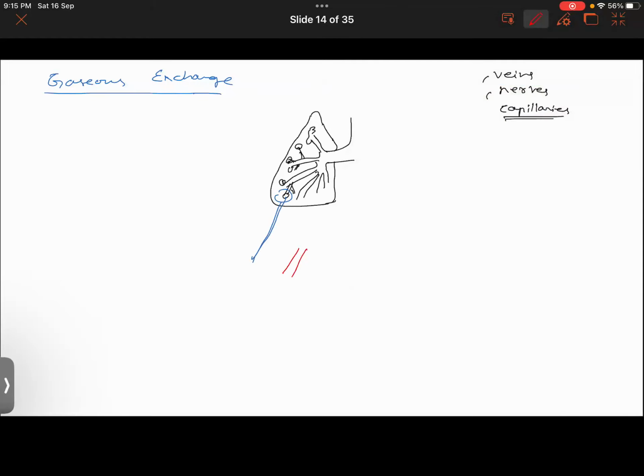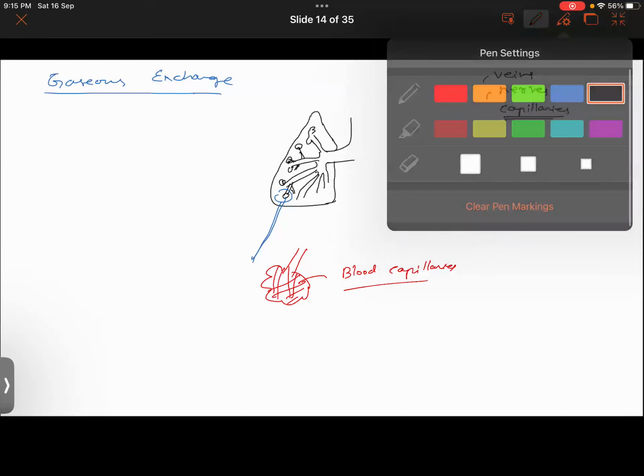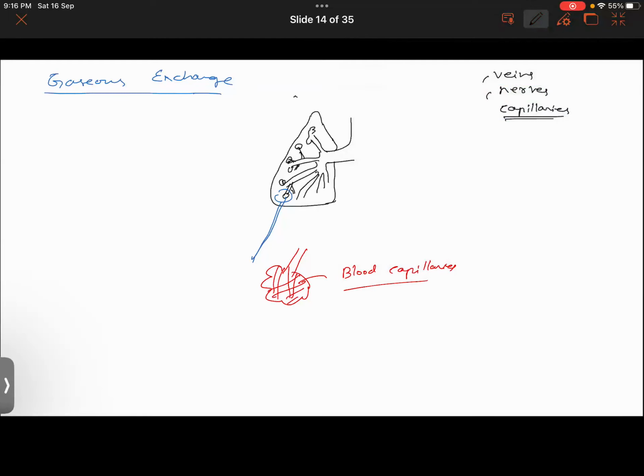And the alveoli look somewhat like this, and it is rich in blood capillaries. This is actually blood capillaries. Now, when you have taken in air, you are taking in both CO2 and oxygen, apart from other gases also.